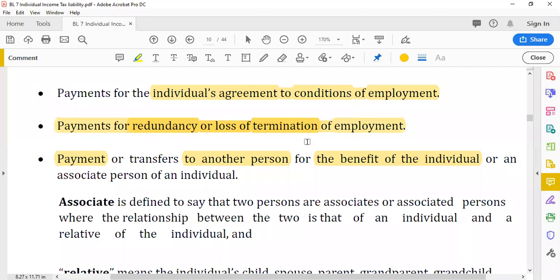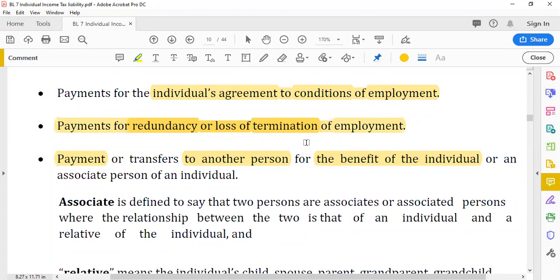Or sometimes you may get sick and be hospitalized. You are admitted to a private hospital, say Navaloka Hospital, and the hospital charge is 1 million. You have to pay that amount to Navaloka Hospital. But because you are an employee of an organization, XYZ Limited, XYZ Limited settled that bill at Navaloka Hospital.